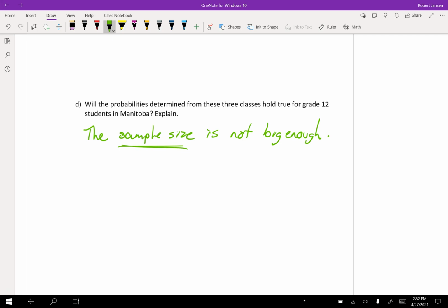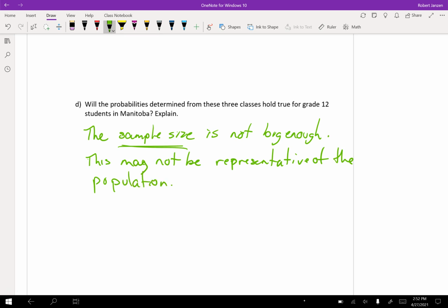And we'll use this: may not be representative of the population. So this data might not represent every single student in the province.